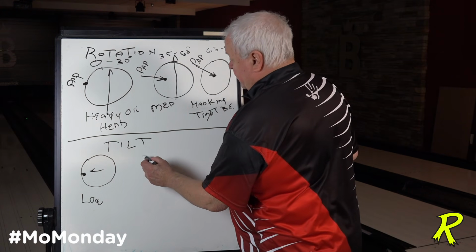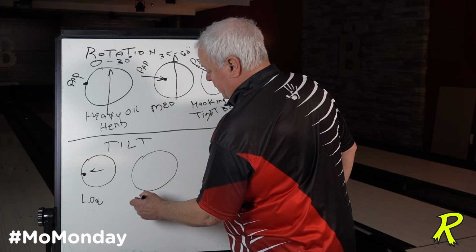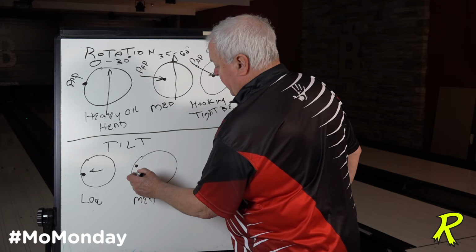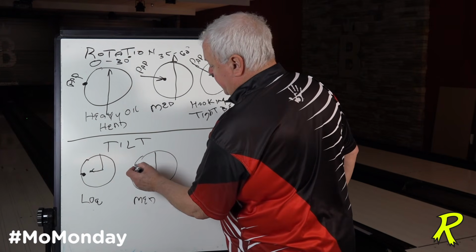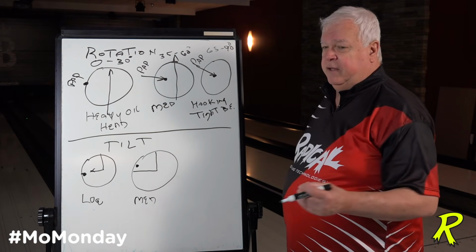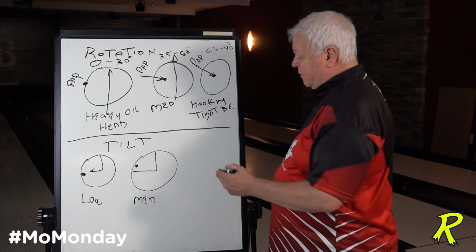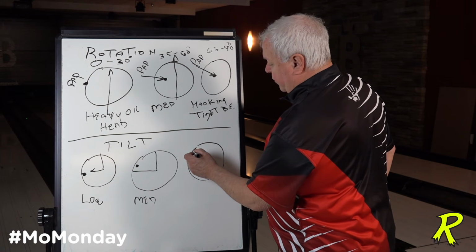Okay. The second set is the guy with a medium tilt, and his axis point would be, if you looked at it relative to 90 degrees, it would be above the center line, and that would be a medium tilt. He gets medium projection down the lane and a moderate back end. And the last guy is a high tilt player.